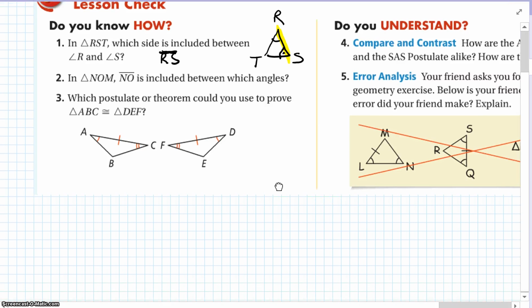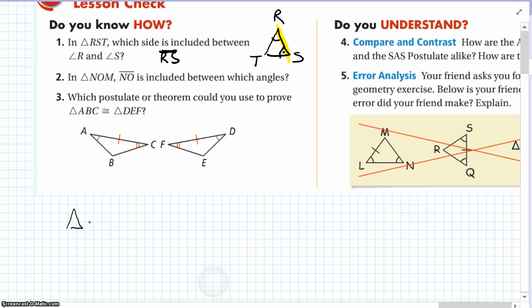Okay, number 2. In triangle NOM, NO is included between what angles? Well, angle N and angle O. Should be pretty straightforward. So angle N, angle O.